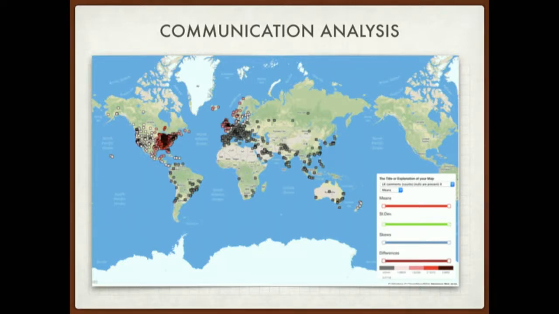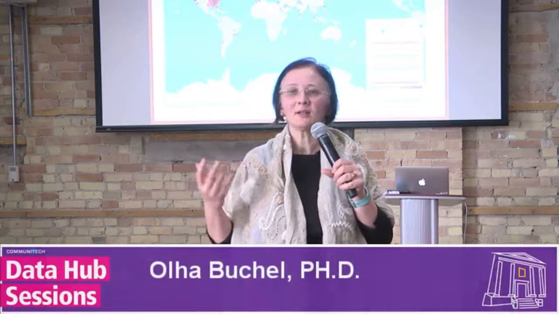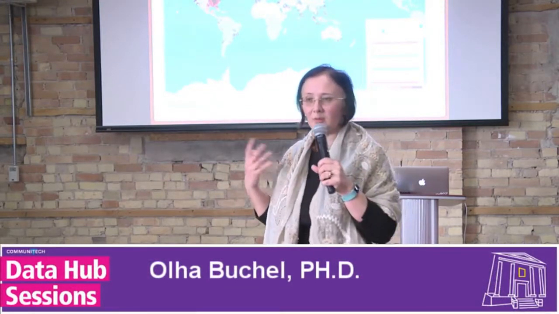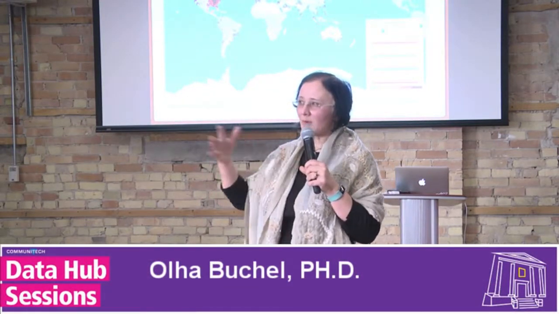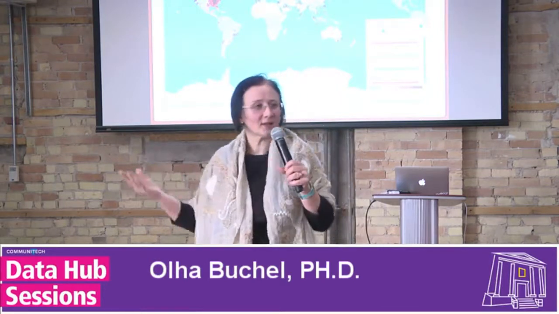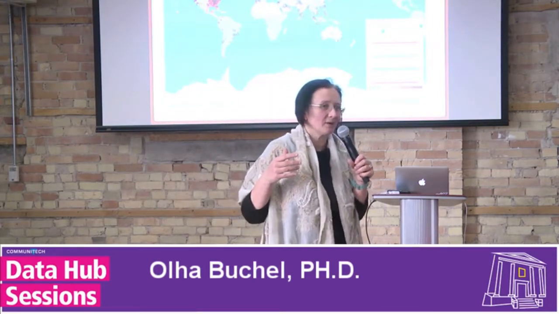What we've done for communication analysis in this project, we collected all comments and information about commenters from Flickr. And some Flickr members had their locations when they started their Flickr account.